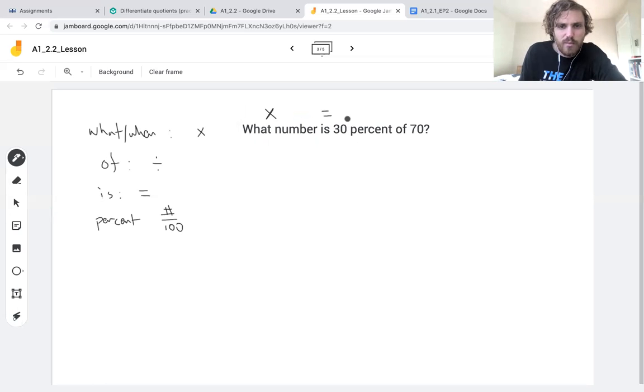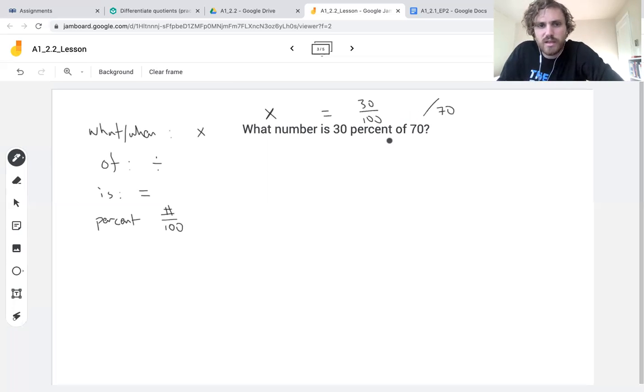And then 30%, well, that should be, I think, a 30 over 100. That's the 30%. And then I've got the of 70. So that is going to be something like divided by 70 because I saw the of 70.